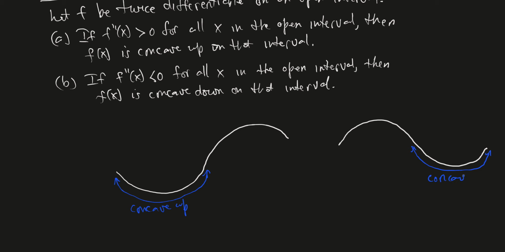So concave up. And then this portion of the graph and this portion of the graph is concave down. Here and there. Concave down. So something has to happen.